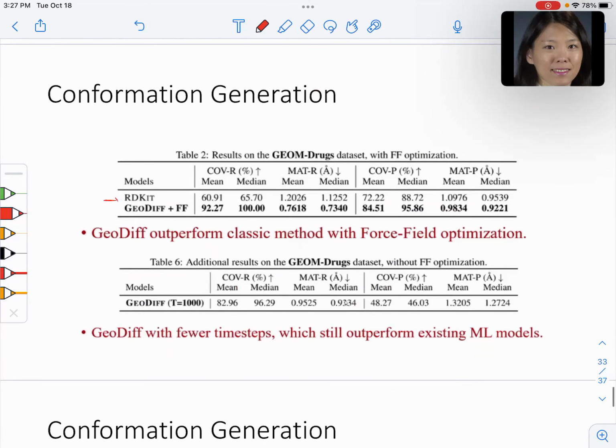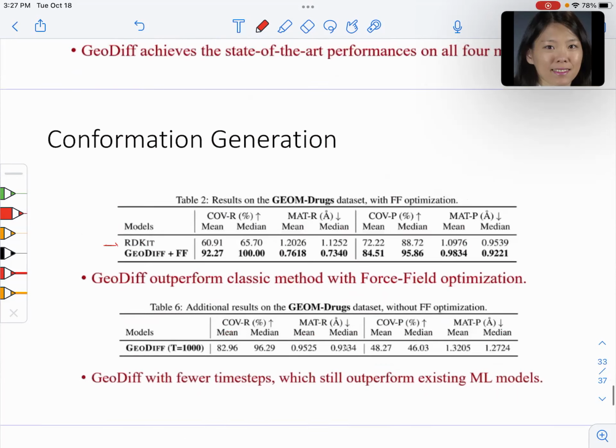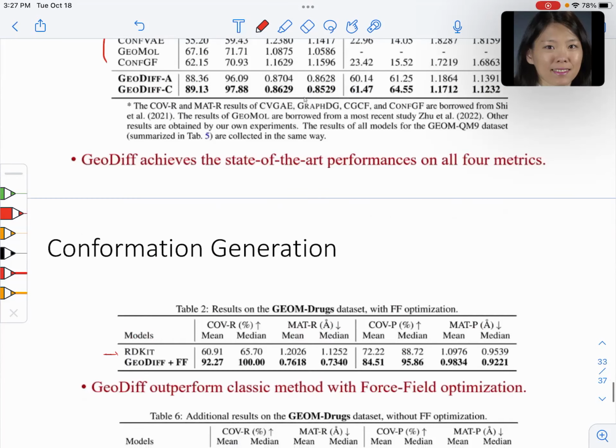And finally, because they define the diffusion process based on the timestep t, even if they shorten the total number of timesteps in the diffusion process, they are still able to outperform most existing ML models in the previous slides.